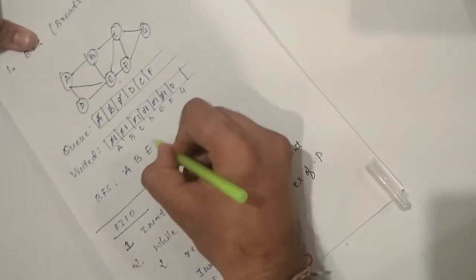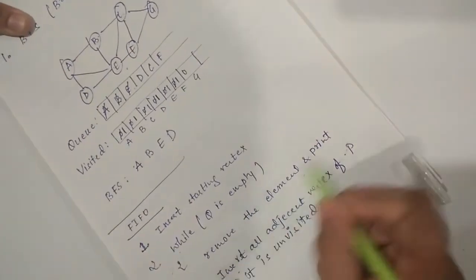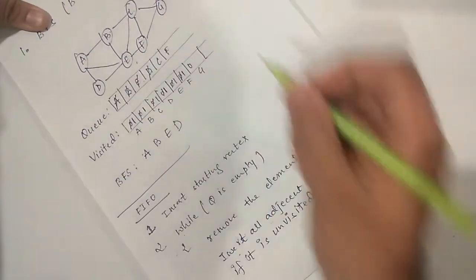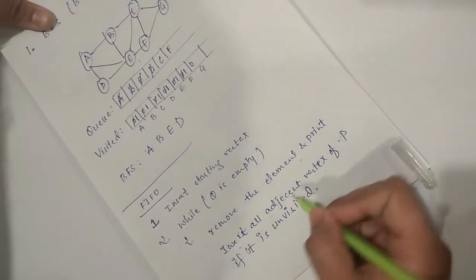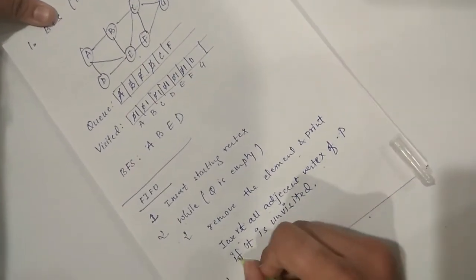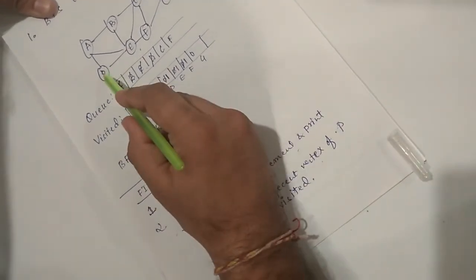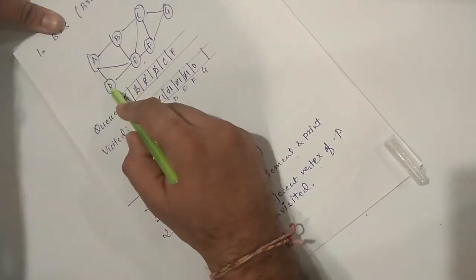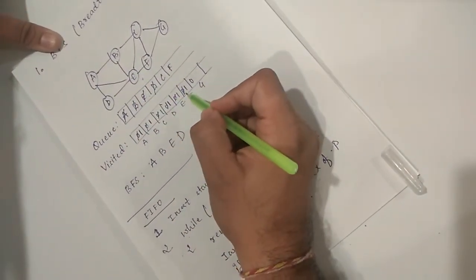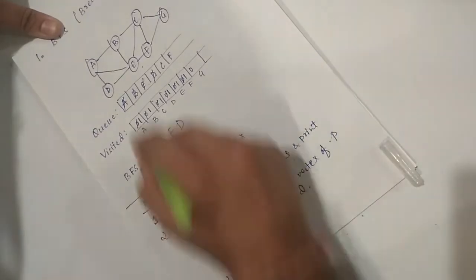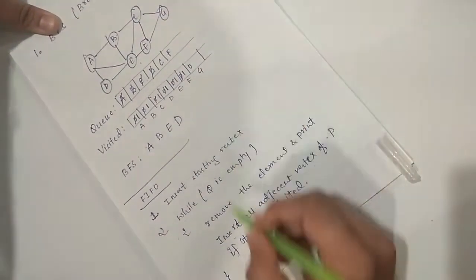Next, again the loop. Q is not empty, so remove one element, that is D, which I have removed and printed. Insert all the adjacent vertices of D if unvisited. For D, the adjacent vertices are A and E. Both are visited, so no need to insert anything new.